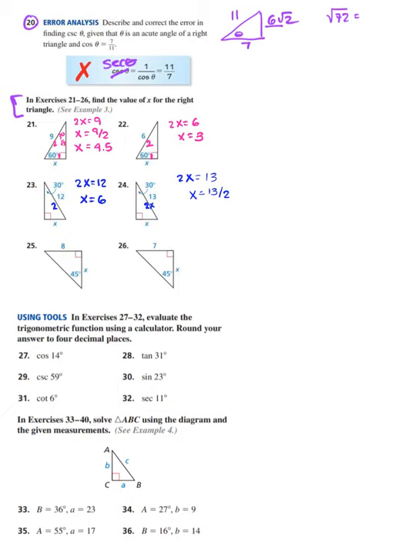You can leave it as 13 halves, I'm not sure how Big Ideas wanted your answer, or as 6.5. Now we have the 45, 45, 1, 1, 1 rad 2. So x is going to be 8. And again, 1, 1 rad 2. X is going to be 7. Whoa, those are probably the easiest special triangle problems I've ever seen.